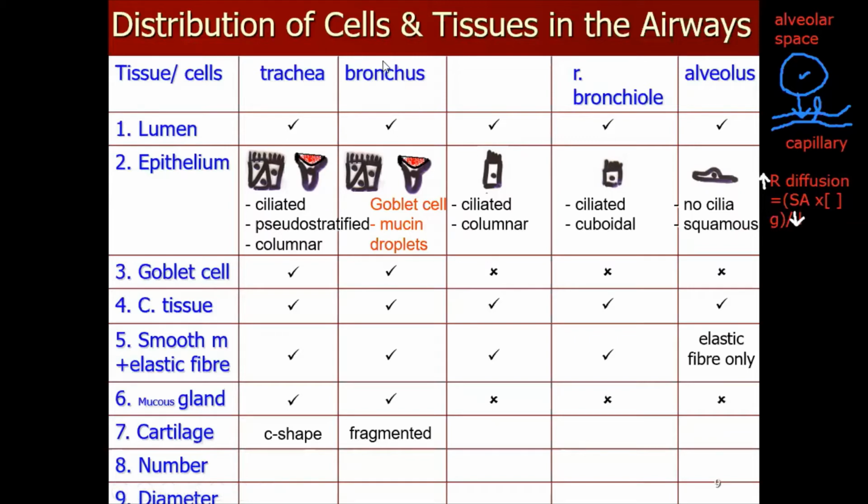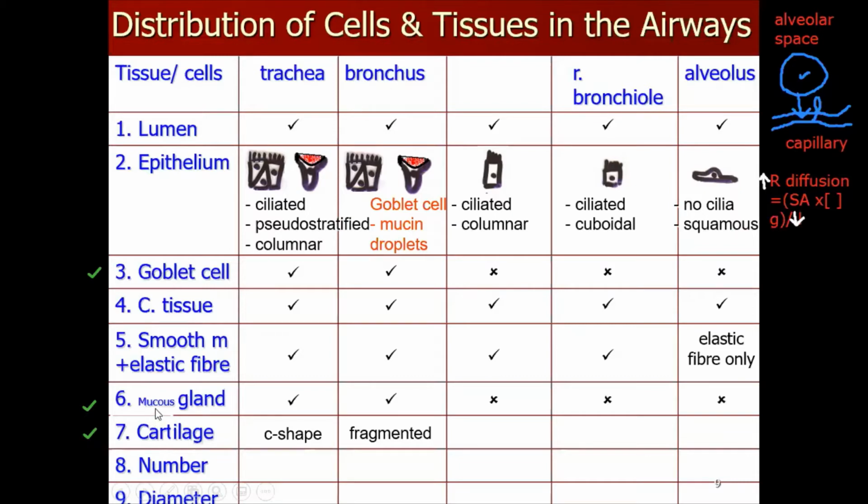To make it easy to remember, trachea and bronchus will have cartilage, mucous gland, and goblet cell, and ciliated pseudostratified columnar epithelial cell.